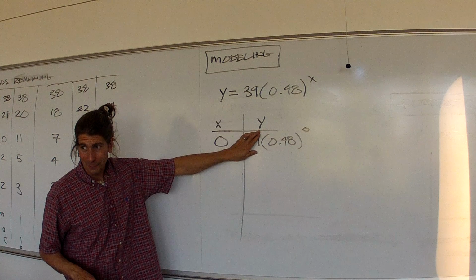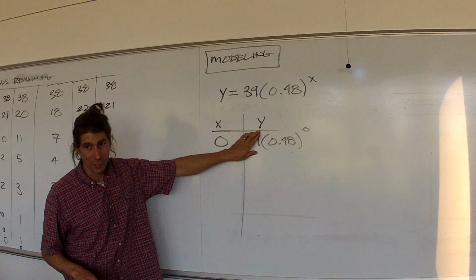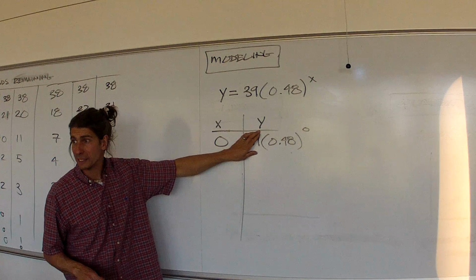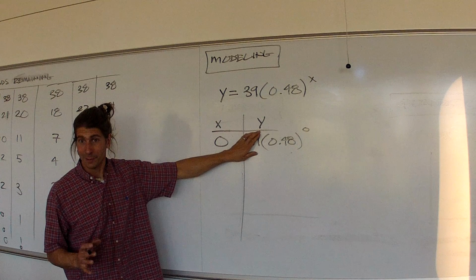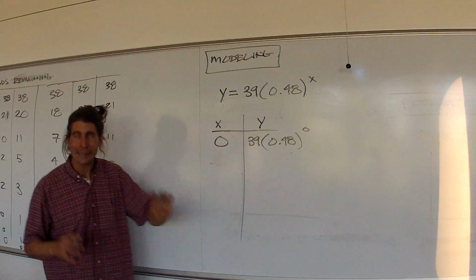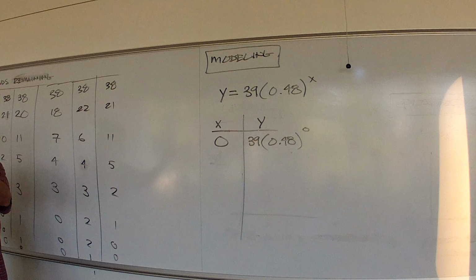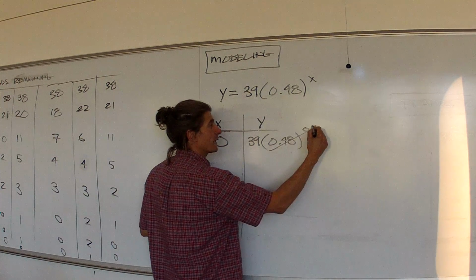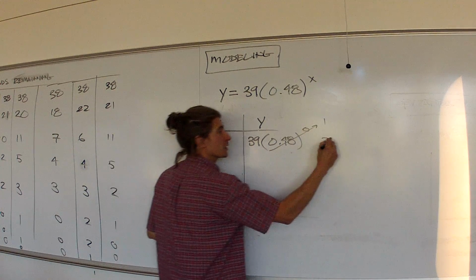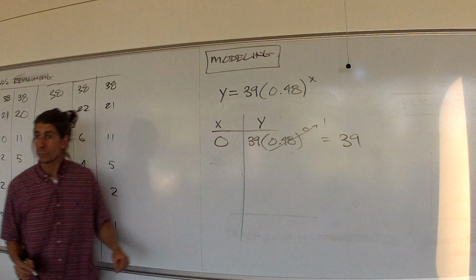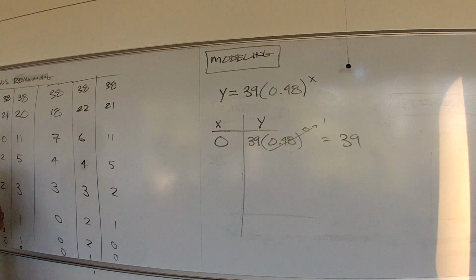Any non-zero number to the 0 power equals 1. So this whole thing equals 1, and it's just equal to 39. I'm rounding these off, by the way.